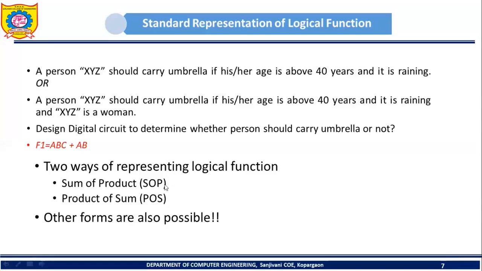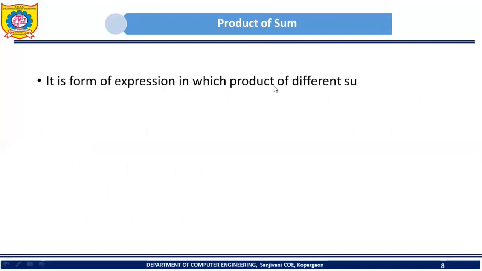So let's discuss our first term, that is product of sum, in short called POS. What is product of sum? It is a form of expression in which a product of some terms is taken.